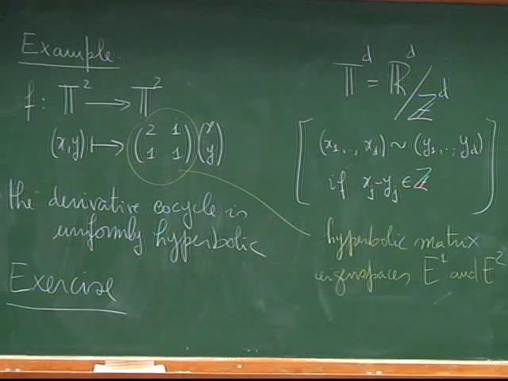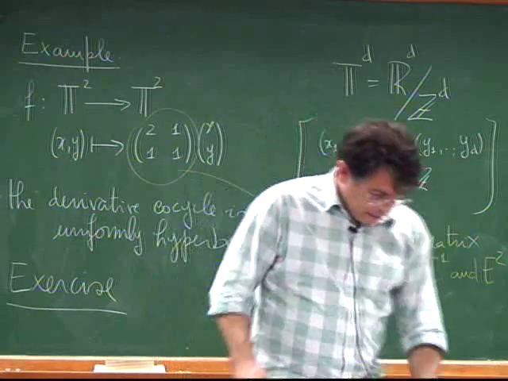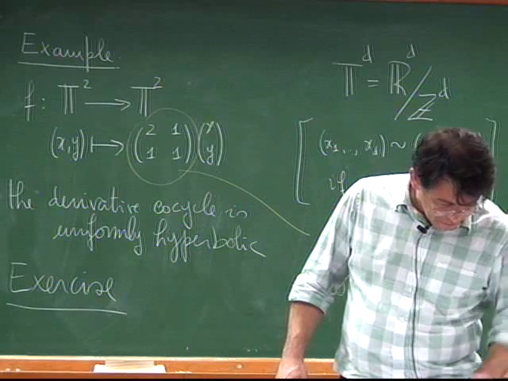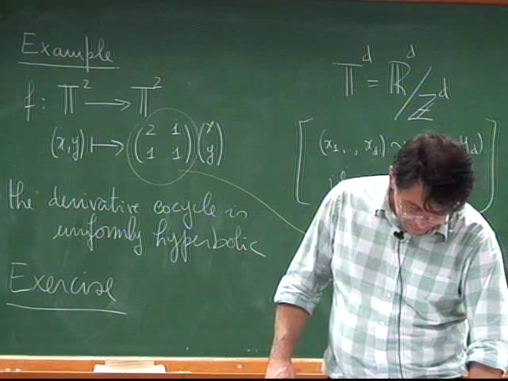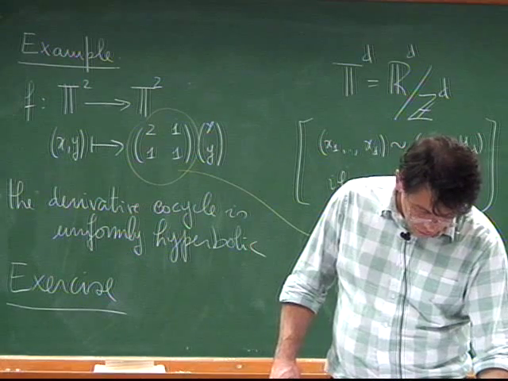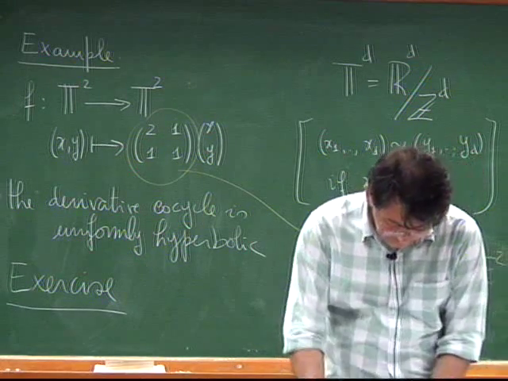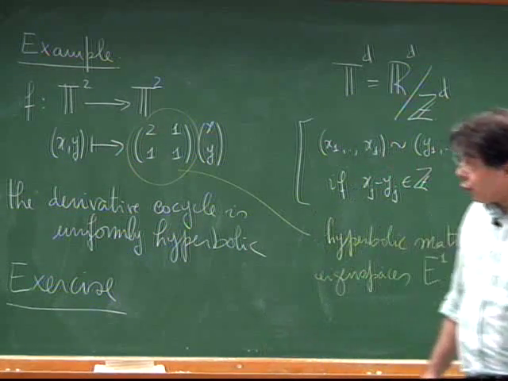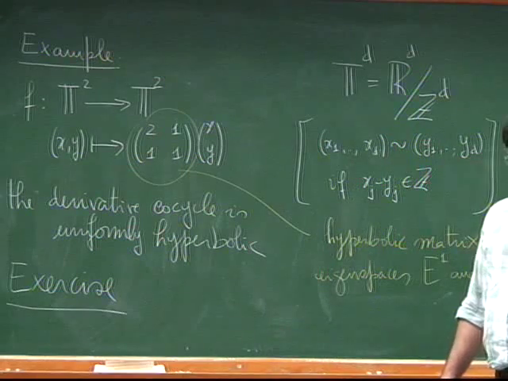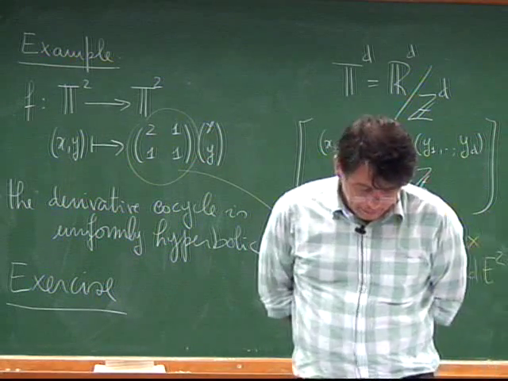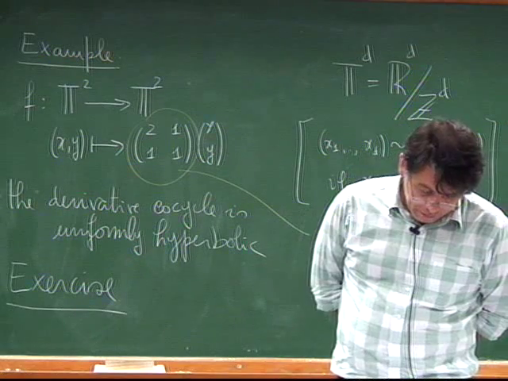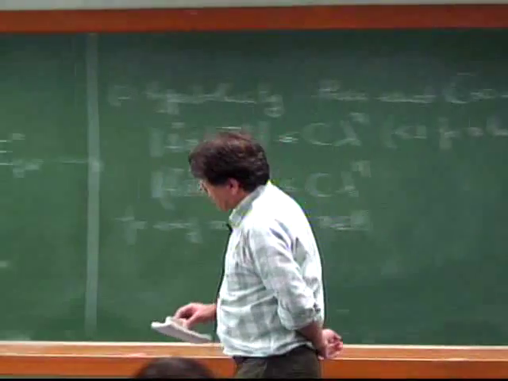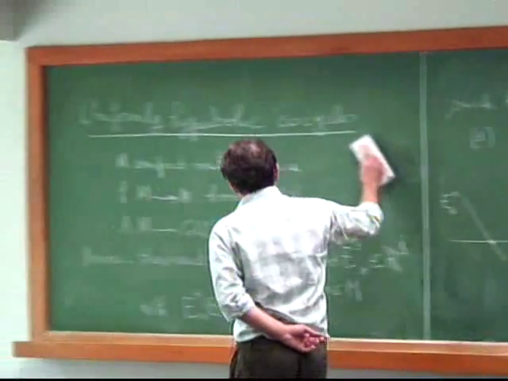Now I want to say, I'm not going to do all details, but I want to say something about some properties of hyperbolic cocycles, especially in the two-dimensional case. I'm going to state a proposition that I will not prove, because later on I will use the same argument to prove something different. So I might as well do it later. But from that proposition we are going to deduce some consequences for uniformly hyperbolic cocycles.